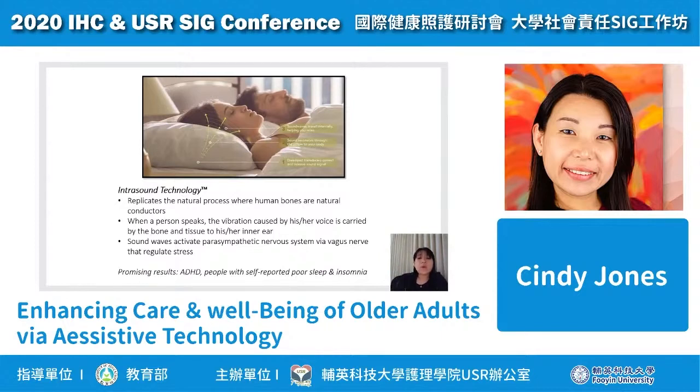Now, there are promising results in the use of DreamPad to improve sleep in people with ADHD, people with self-reported poor sleep and insomnia.